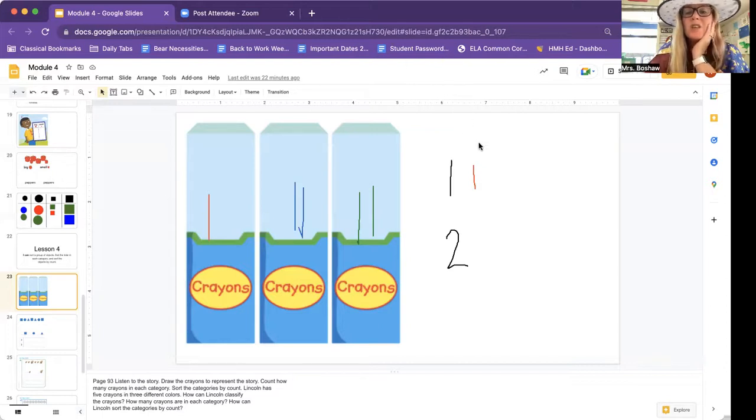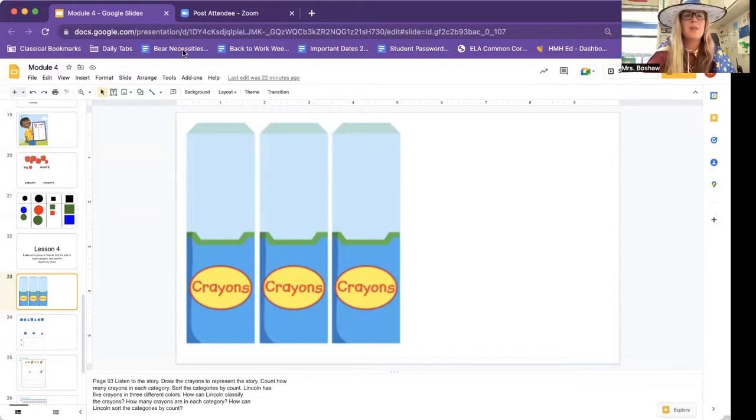Now, which crayons does he have two of? Blue. Good. What other color? Green. Right. That's how we sort by count. We're seeing which one does he have one of and which one does he have two of. Okay, good job. Let's go to the next page.